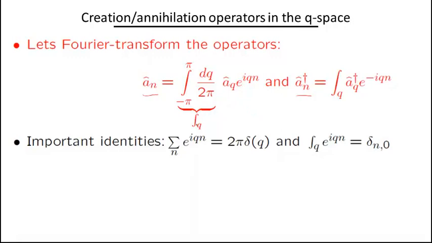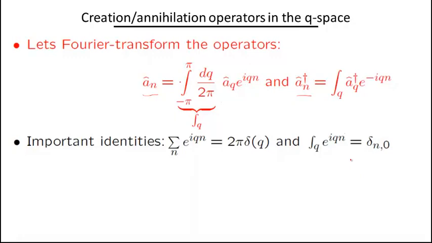In any case, I'll be using this symbol here, the integral with the subscript q, to label all the terms that I have here. And in these notations, for example, the Fourier transform of the creation operator is presented here. It can be obtained from this one simply by conjugating both sides. That's why I have a minus sign here as opposed to a plus sign here.